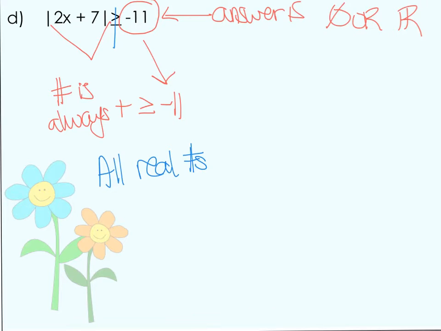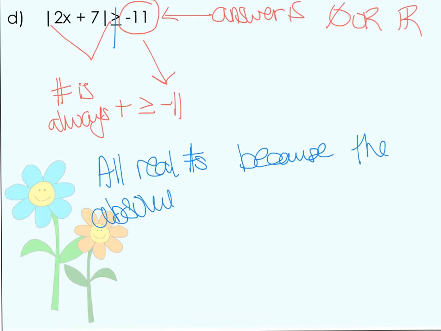And again, you won't need to explain on your homework, but I'm going to put it in here as far as why it can be all real numbers, or it is all real numbers, I should say. And I'm going to put because the absolute value will always be bigger than a negative number.